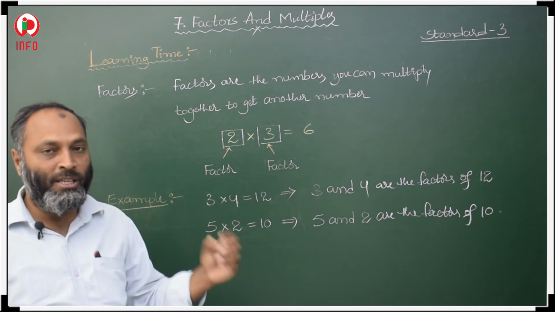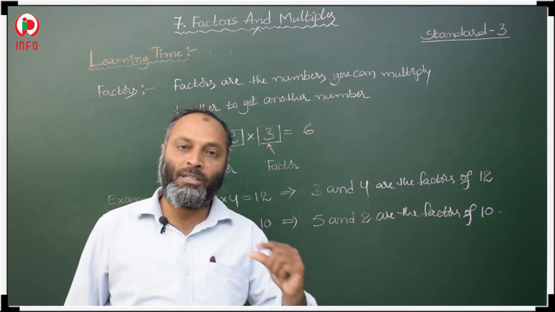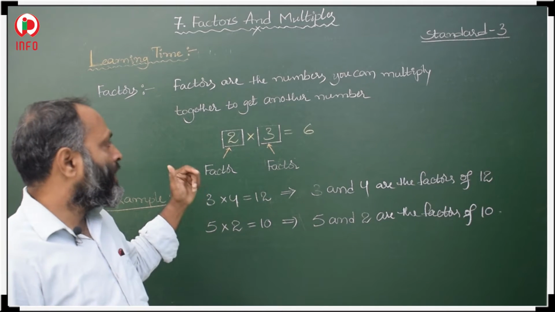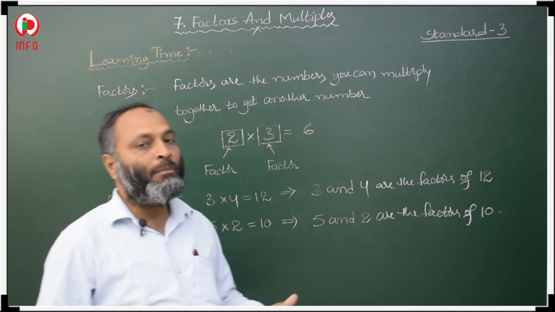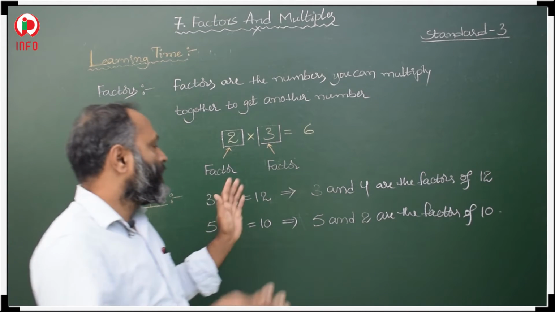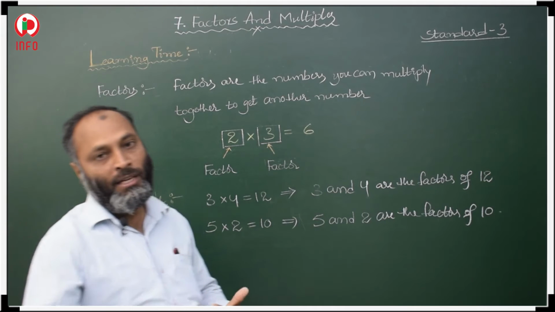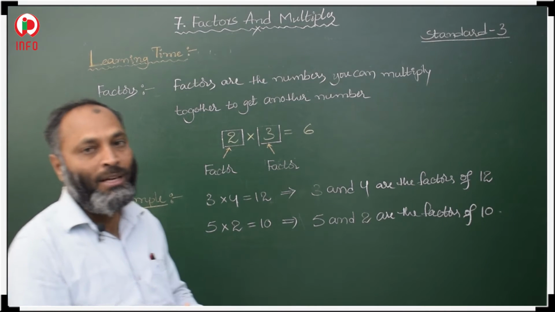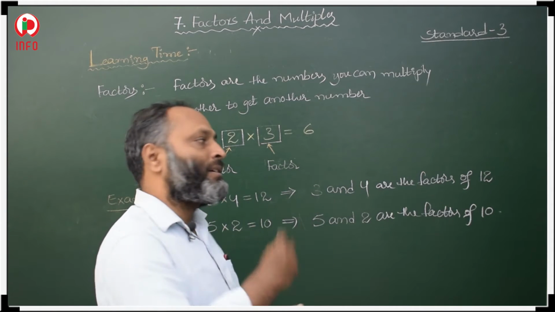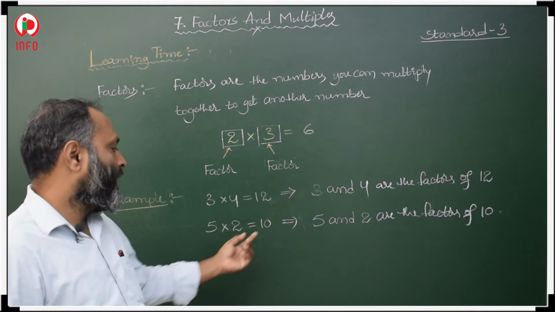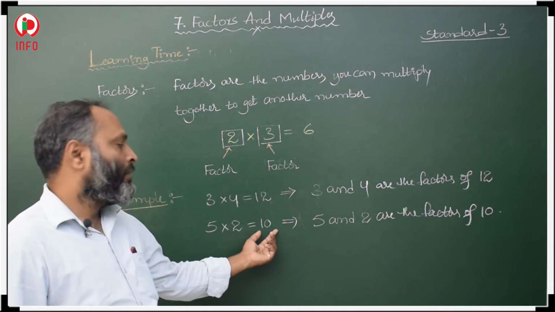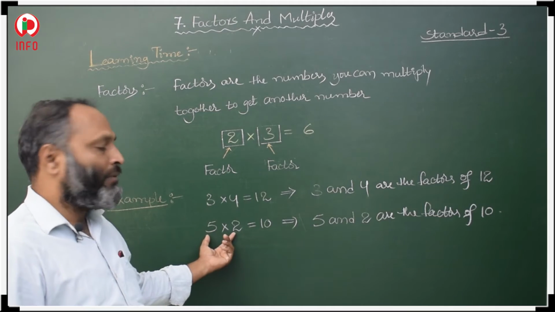So what does factor actually mean? Factors are the numbers you can multiply together to get another number. Here the other number is 10. What are the numbers we are multiplying together? 5 and 2.